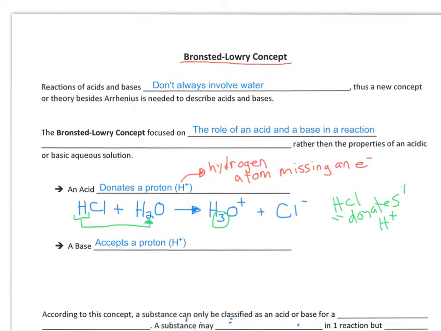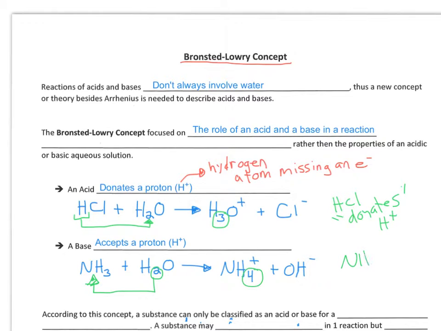A base, on the other hand, behaves differently. Instead of donating a proton, it accepts that proton. So in this example, looking at NH3, what it ends up doing is stealing a proton from this water, making NH4 plus and hydroxide. So this time, the proton comes from the water to the NH3 to make NH4 plus.